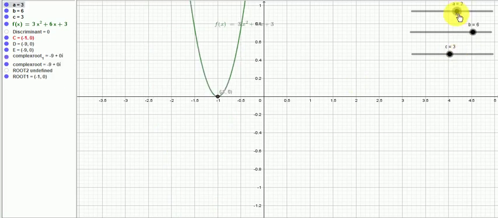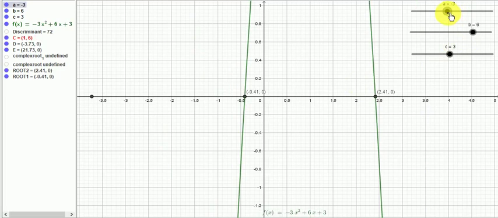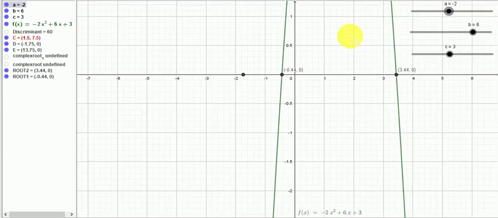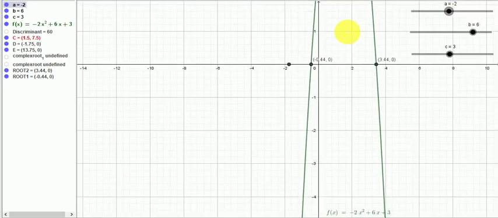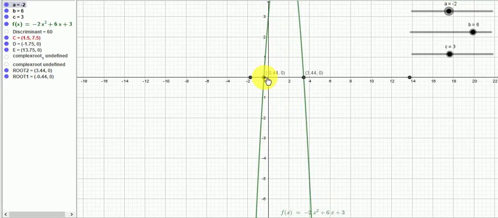If I make c minus 3, you can see that one root is minus 0.44 and one is 3.44. Yes, both are of opposite signs.